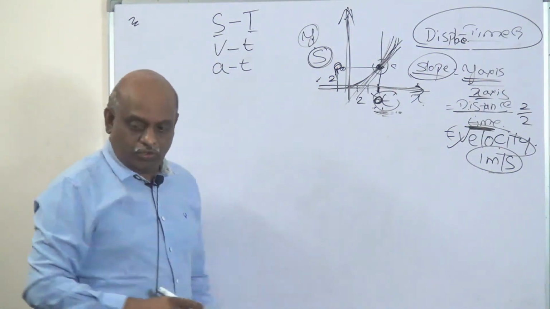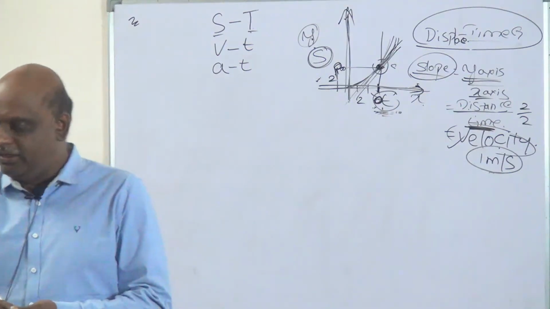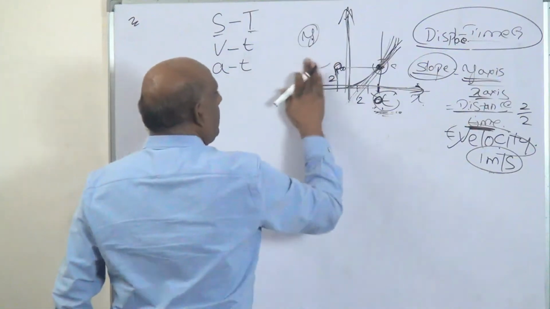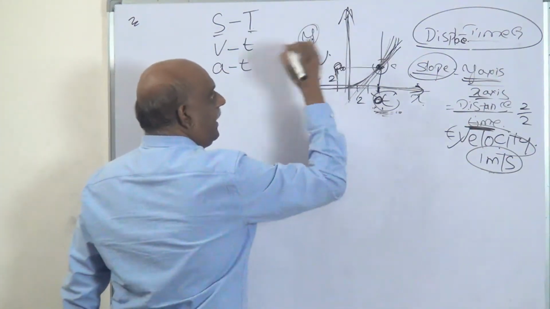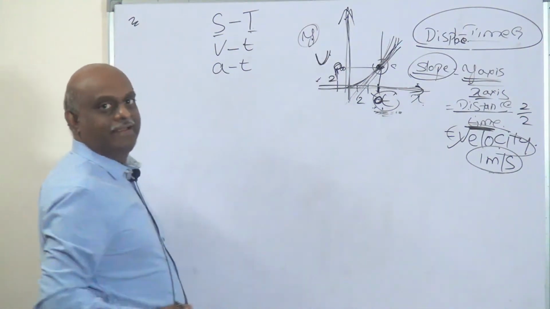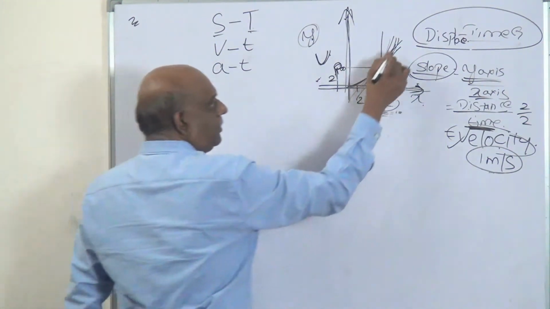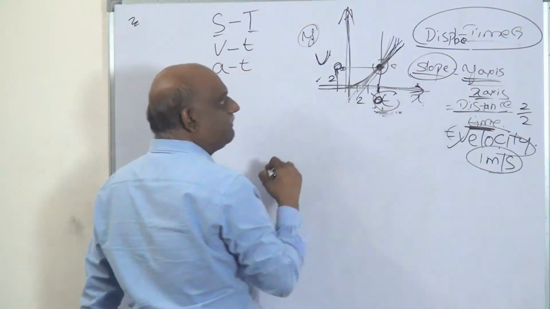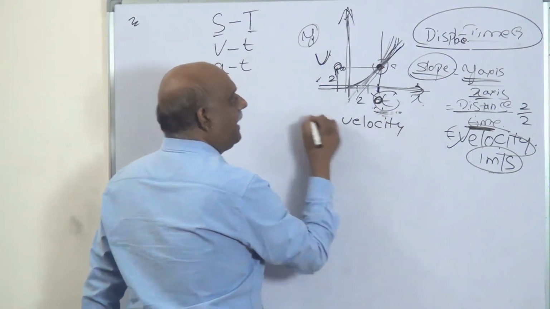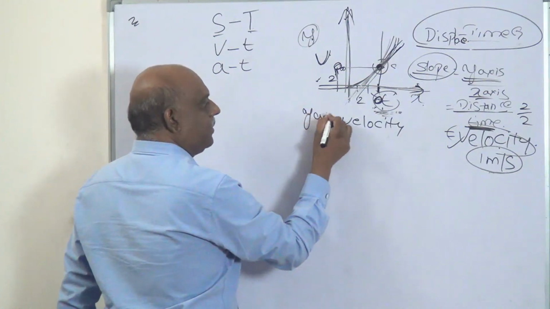Okay. So, now you should tell me, you're all very intelligent guys. Suppose if this is not distance, if it is velocity, then what will happen to the slope at any given point of time? Velocity by time, y-axis over x-axis is the slope.